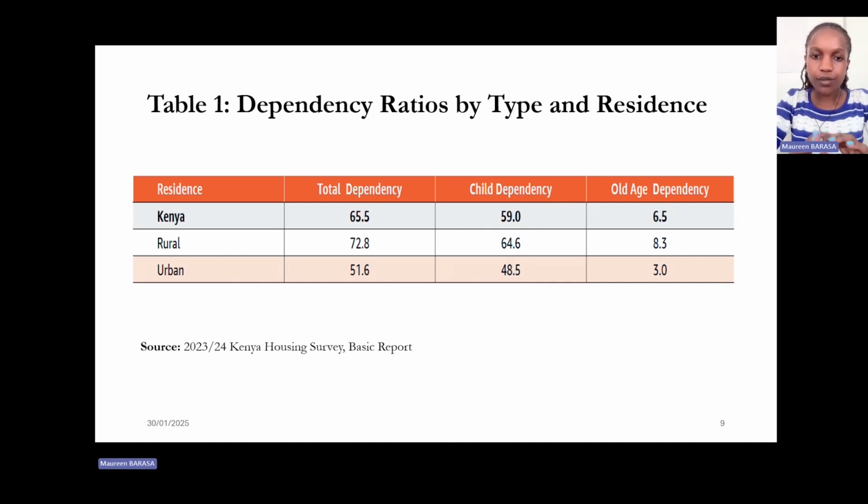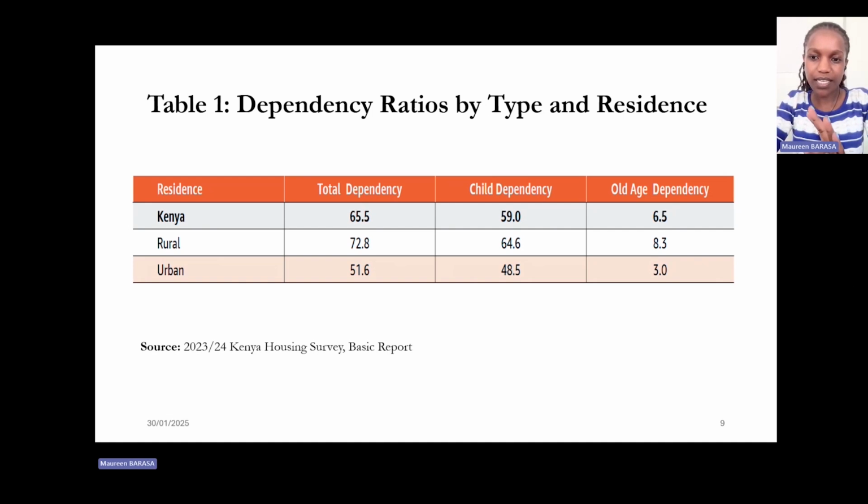So this is just to say per 100 economically productive people, 66 dependents being children, and six or seven people being old people.